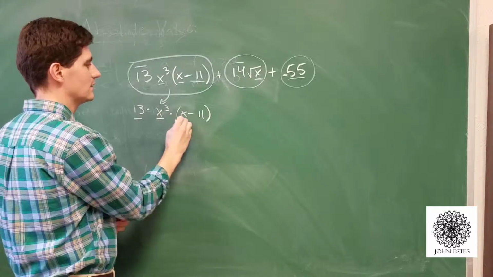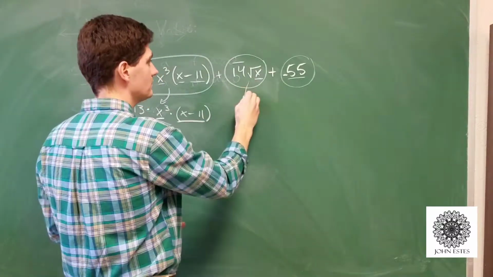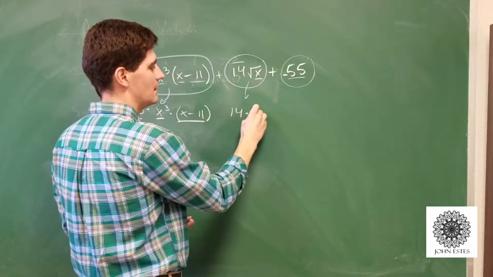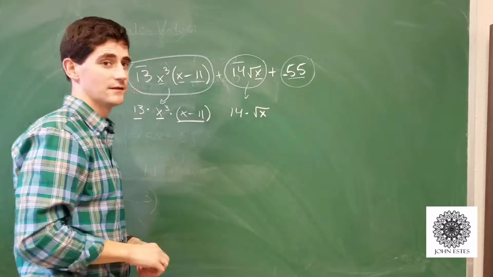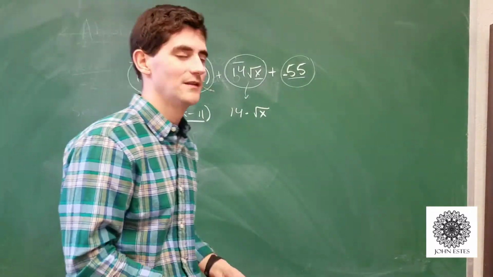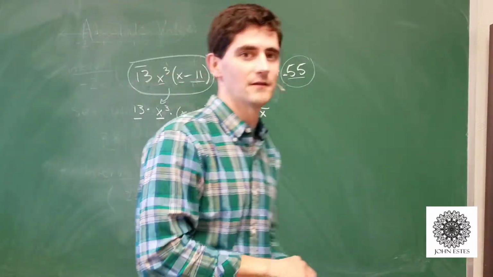So each of these are factors. In this second term, I have factors as well. I have 14 as a factor, and the square root of x is a factor. Okay, and the third one, I guess you could say the factor is a negative 55, but it's not really helping you any, so we don't usually call that a factor.